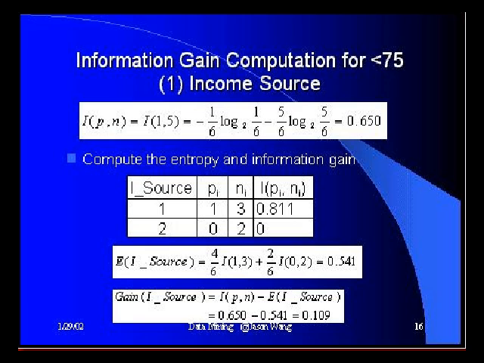We have only 6 tuples in the reduced training database. One of them is a positive example and 5 of them are negative examples. So you plug these numbers, 1 and 5, into your formula I(P,N), and you can get this number. This I(P,N) is different from the previous I(P,N), which was 0.971 something. This I(P,N) is with respect to your reduced training database, that is, your training database with respect to phone usage less than 75. Any questions so far?